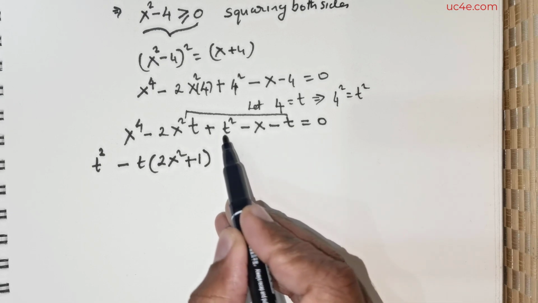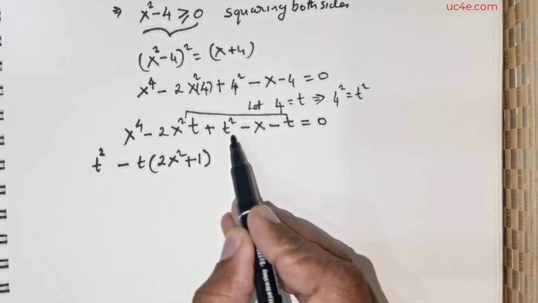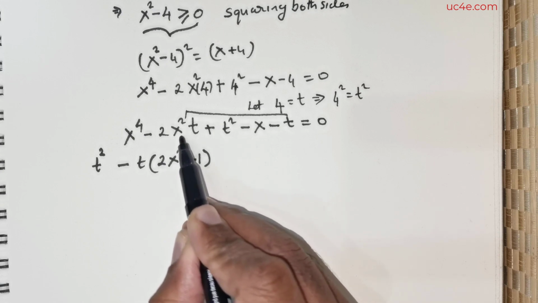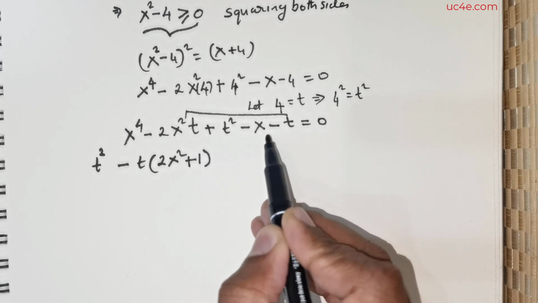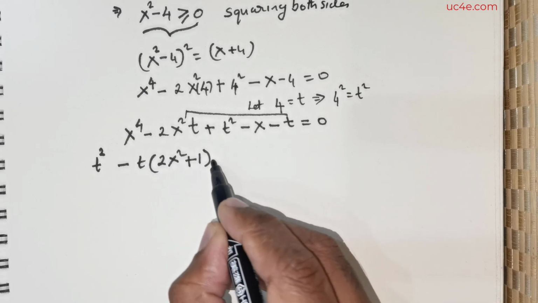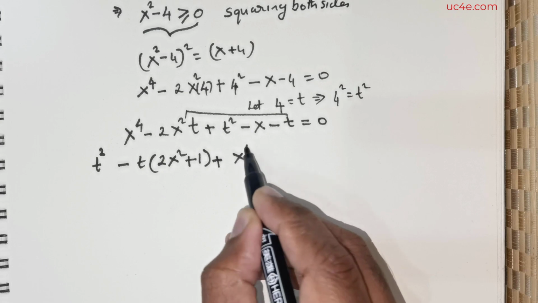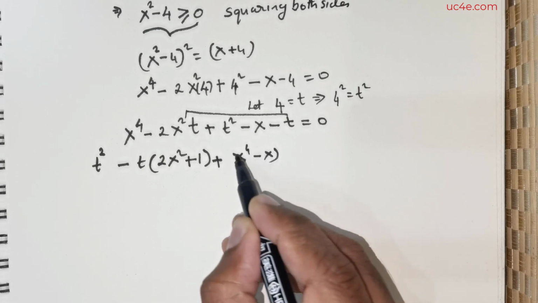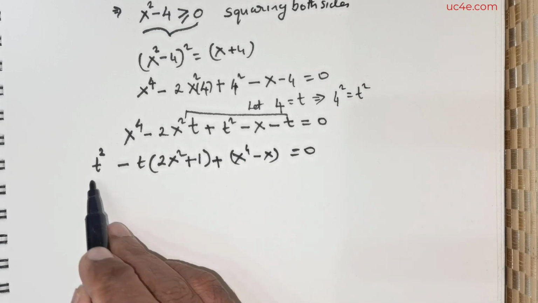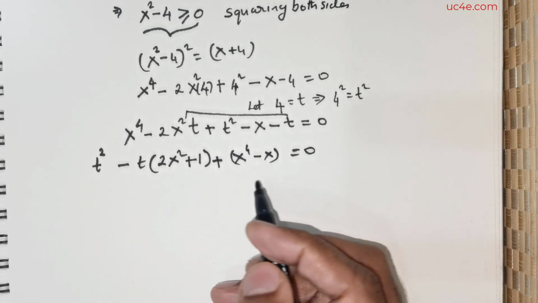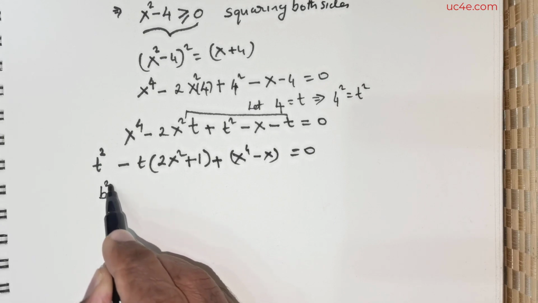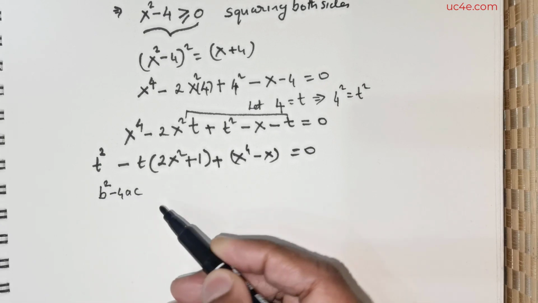So I have placed this t squared and I've got rid of 2x squared t and negative t. So all that is remaining is x to the power of 4 and a negative x. So just place those values: x to the power of 4 minus x is equal to 0. So this is actually a quadratic in t. Now let me just calculate b squared minus 4ac.